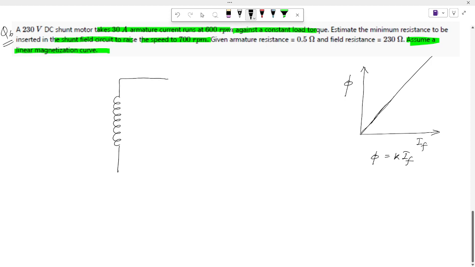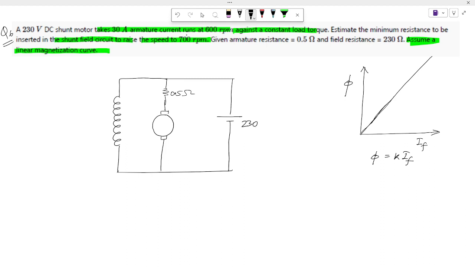First best way is to make the circuit. This is 0.5 ohm, this is the armature, this is the supply voltage, 230 volt. It is given that it takes 30 ampere armature current, so make it 30 ampere, runs at 600 rpm.